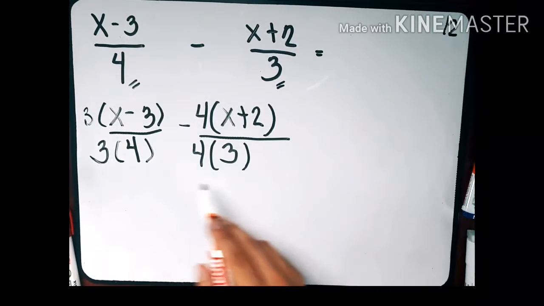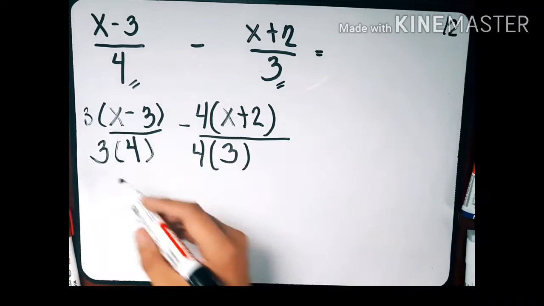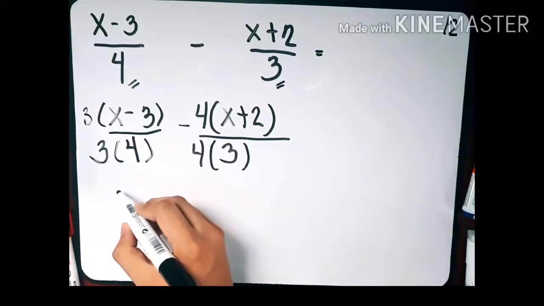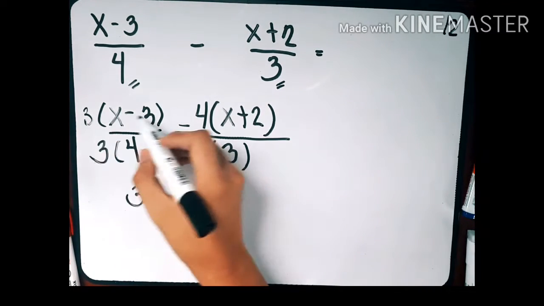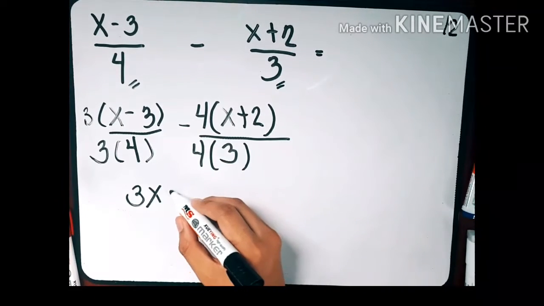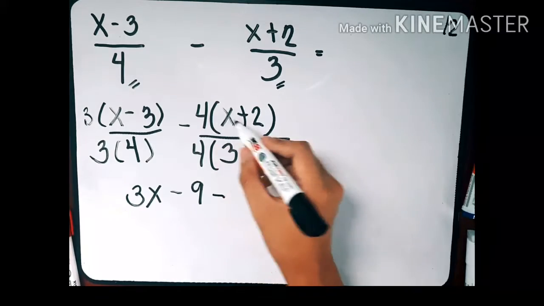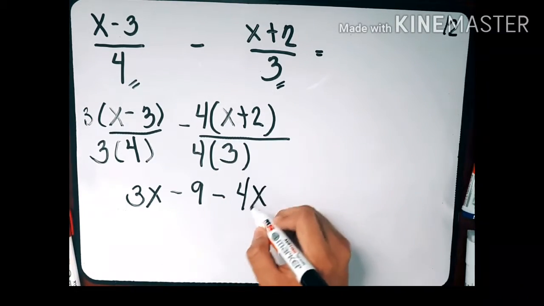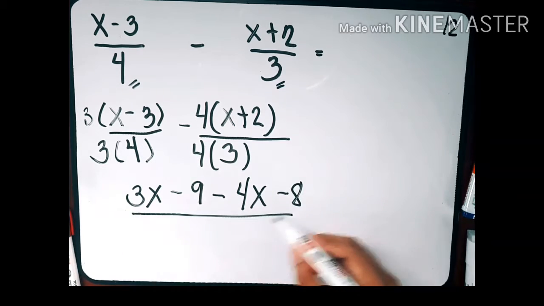So, same na yung denominator nila. Next is, distribute na lang natin ito. 3 multiplied by x is 3x. 3 multiplied by negative 3 is negative 9. Minus 4x minus 8 over 12.